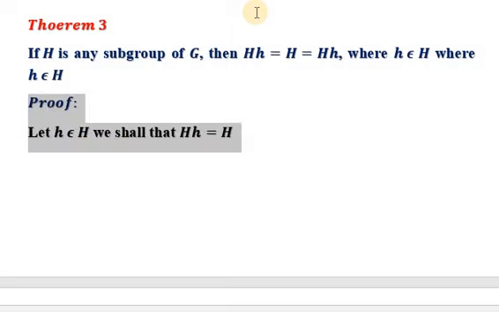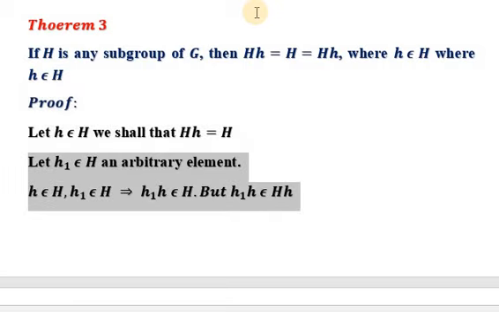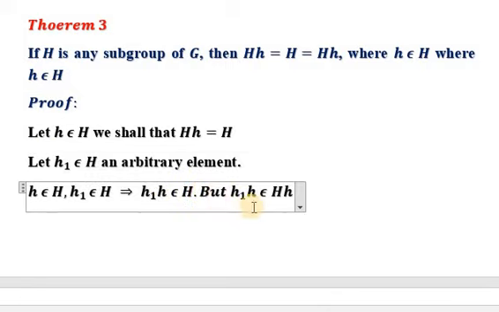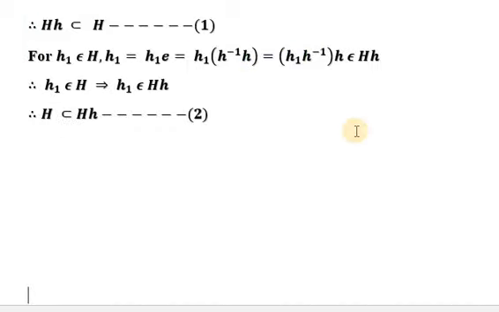Let h belongs to H, we shall show that Hh is equal to H. Let h1 belongs to H be an arbitrary element. h belongs to H and h1 belongs to H implies that h1 h belongs to H, but h1 h belongs to the coset Hh. Therefore, the coset Hh is a subset of H. Let us treat this equation as 1.